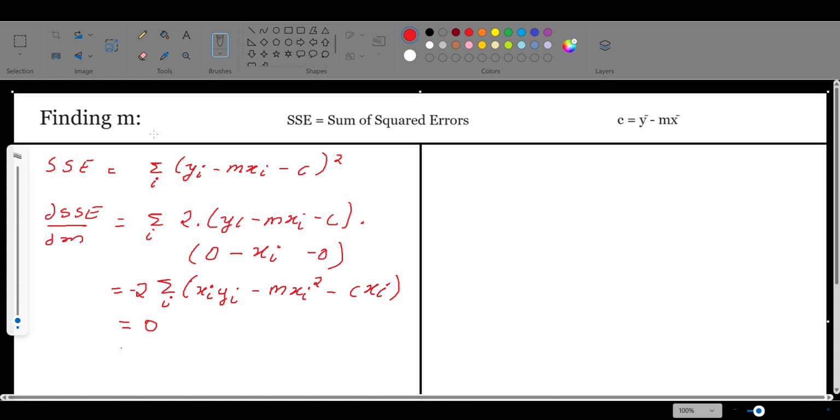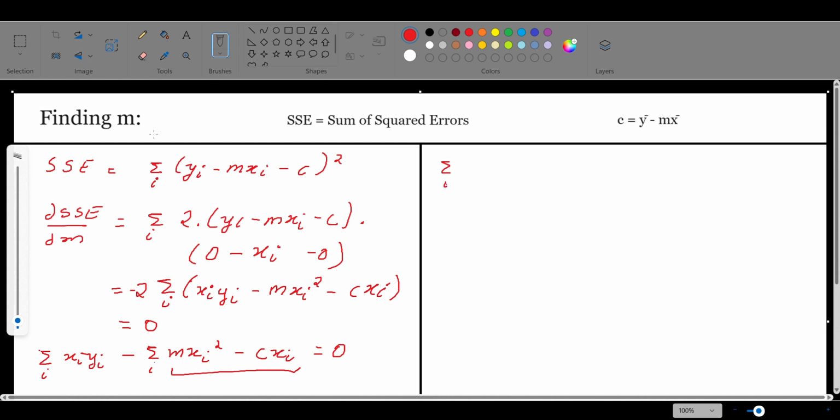So we're here. Now let's separate all the terms. Again, the minus 2 will go away. So let's see. So summation i of xi yi minus summation i of m xi squared minus c xi is equal to 0. Now let's add these second two terms on both sides such that you get only positive terms on both sides.